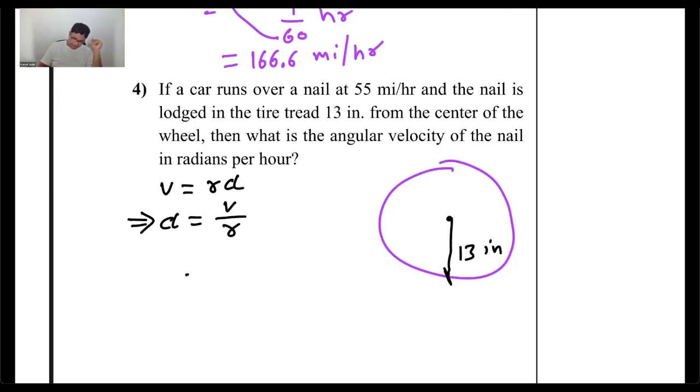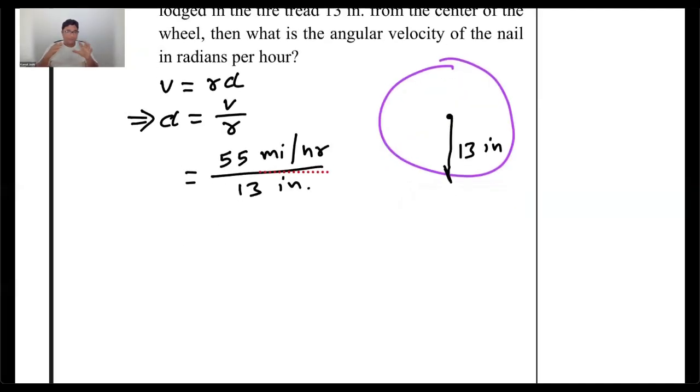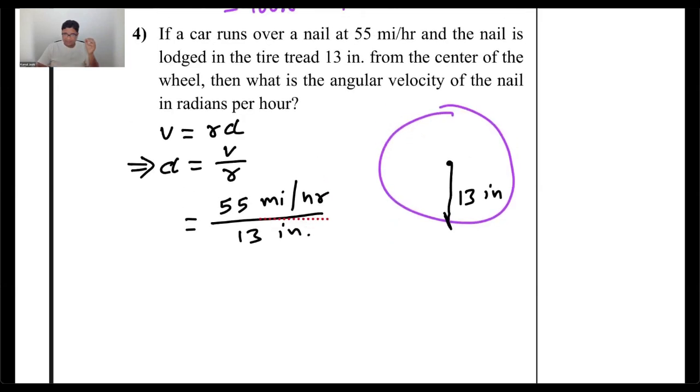Now the linear here is 55 miles per hour divided by the radius, which is 13 inches. So you need to make the units consistent, first of all. And what do we need our answer in?